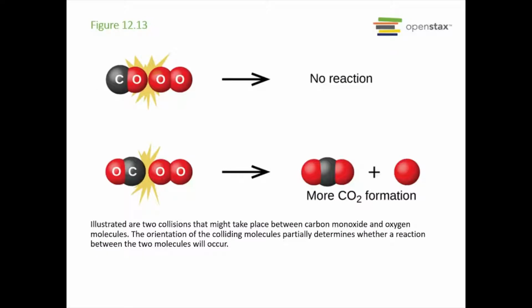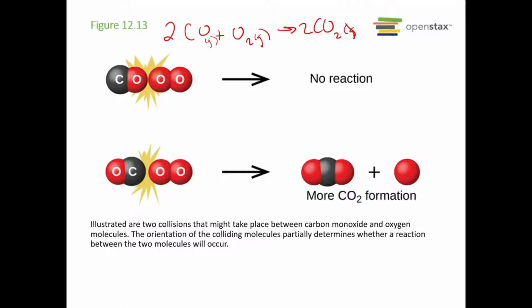So for instance, if we're looking at the reaction of carbon monoxide and oxygen, the reaction is 2CO plus O2 gas forms 2CO2 gas. If the oxygen side of carbon monoxide collides with the oxygen molecule, nothing's happening because the carbon is what's bonding to the oxygen.